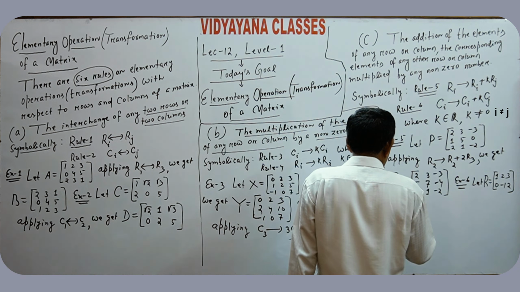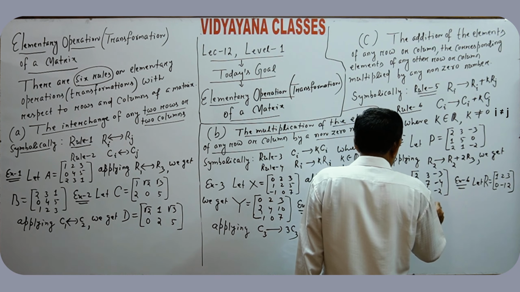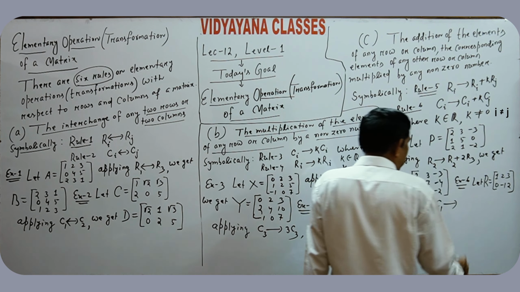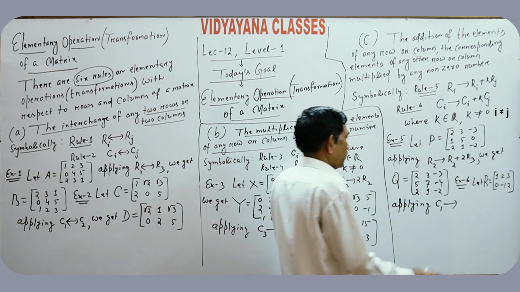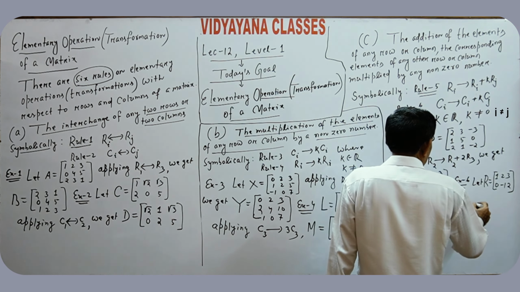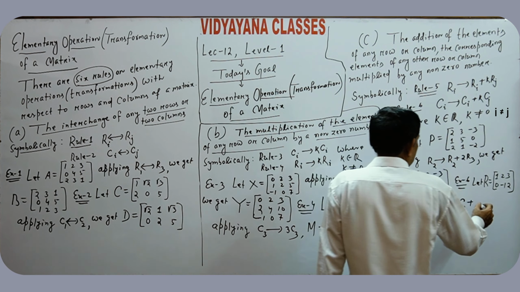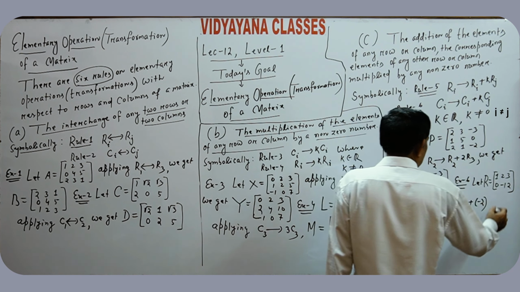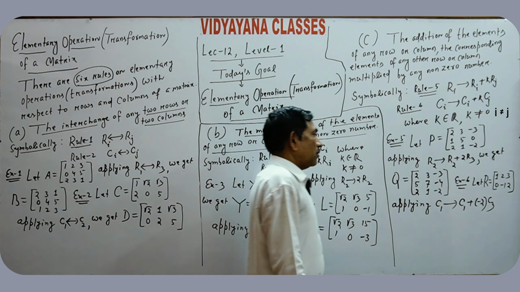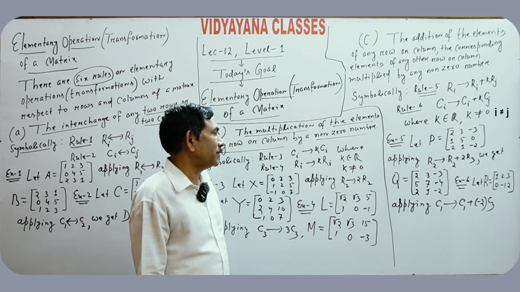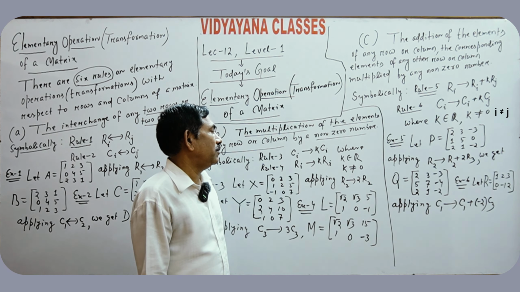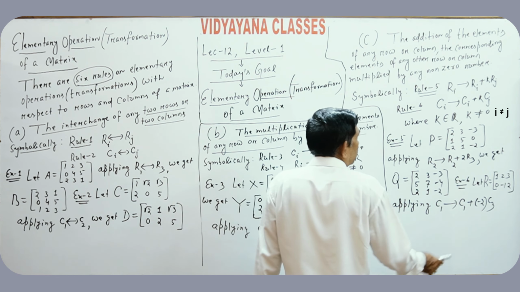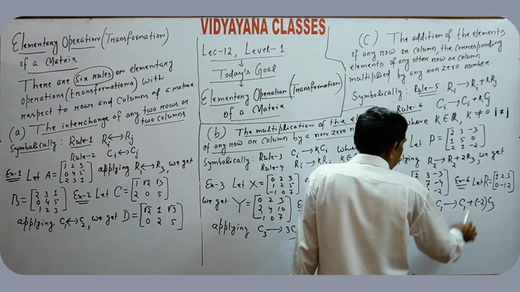Applying column 1 is replaced by column 1 plus minus 2 times of column 3. Column 1 is replaced by column 1 plus k times of column 3, where k is minus 2.